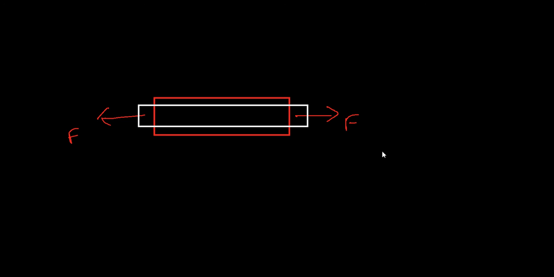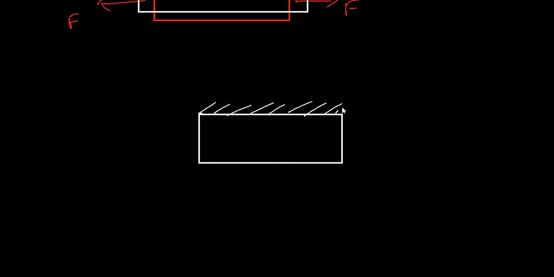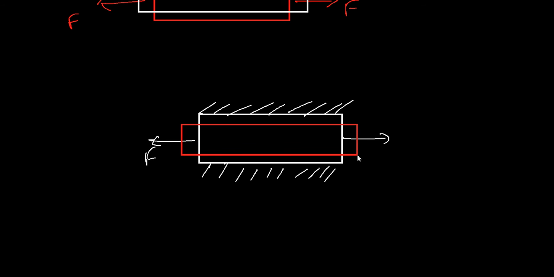For example, if a body is restrained, say it is fixed at either end, and then the body is subjected to force, there is an additional stress generated at either side, because usually the body will try to go to a shape like this.